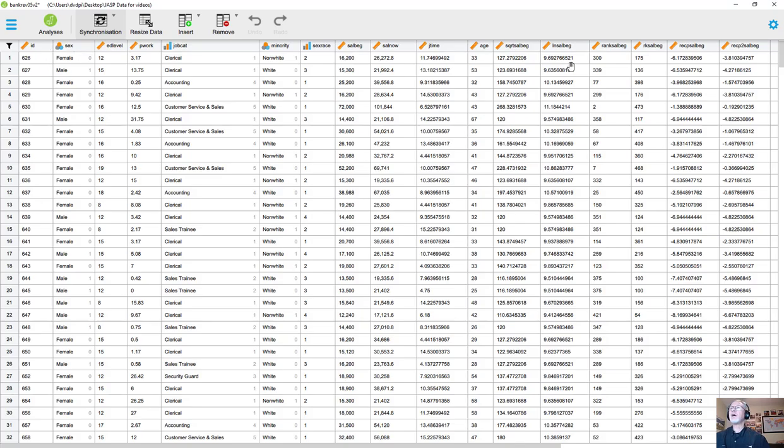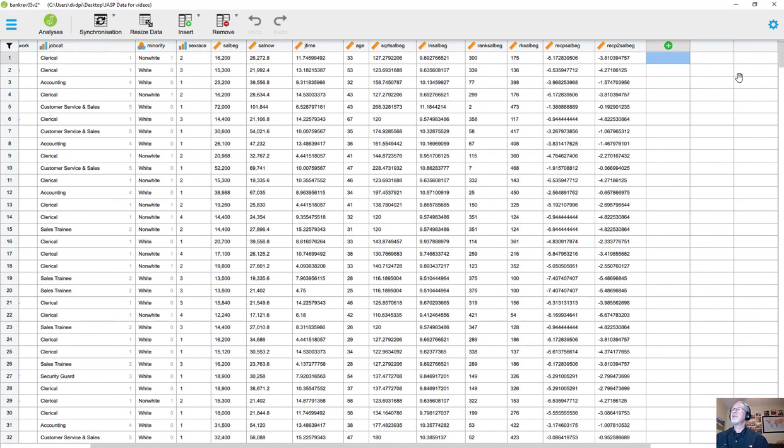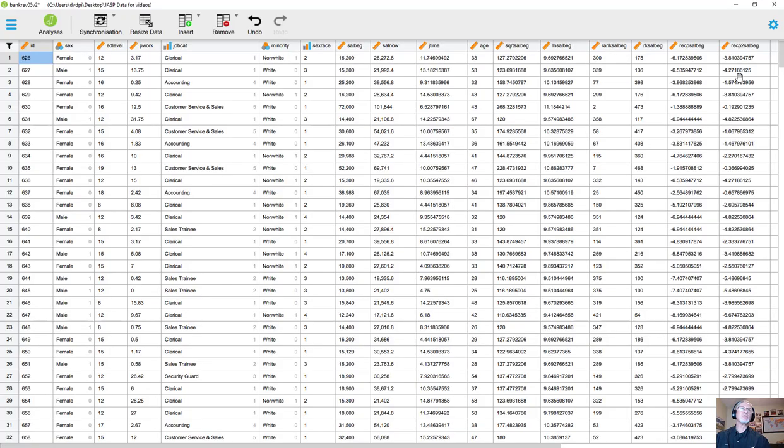Those variables are now in my JASP data set. So one of the nice things about JASP, the easiest way to manipulate your variables is to simply go to Excel and do your manipulations there and then just come back with it synchronized to your JASP data set.